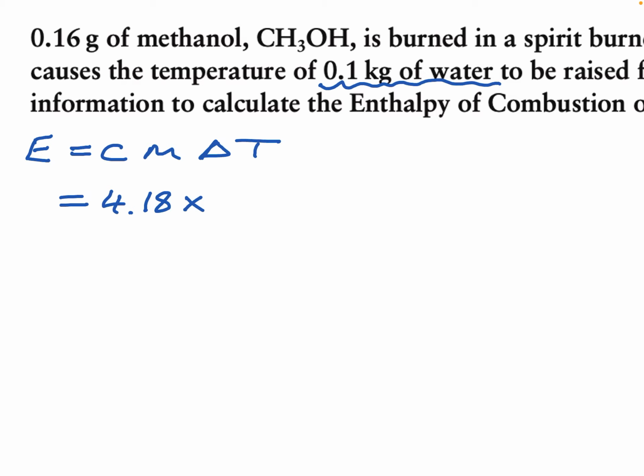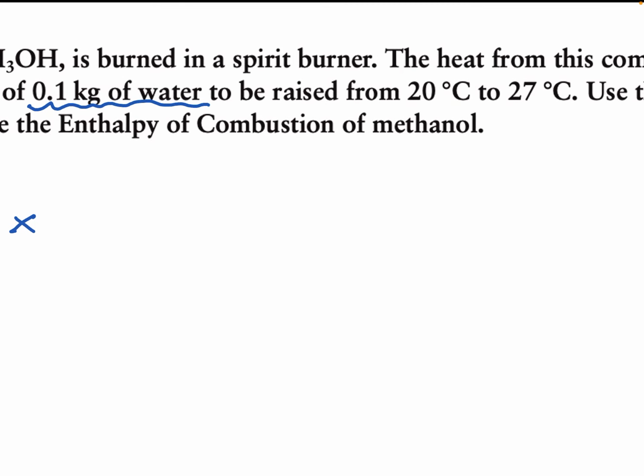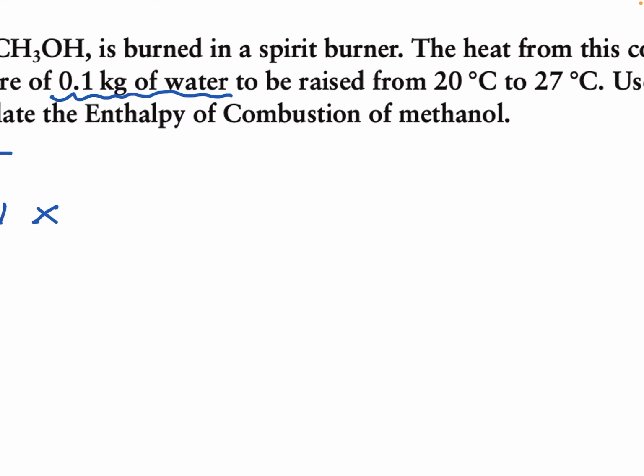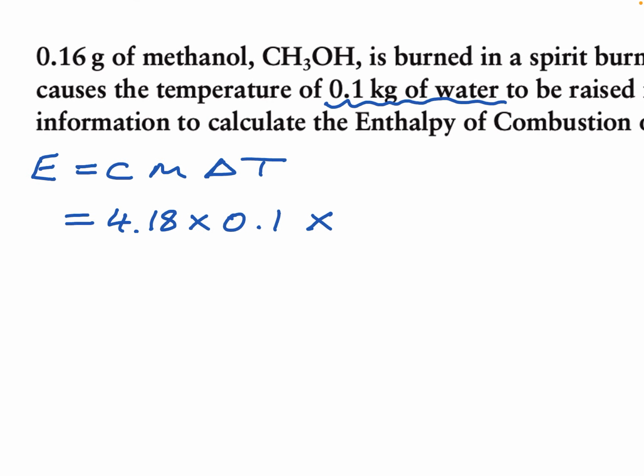Don't use the 0.16 grams of methanol, you use that in the next part. So 0.1, and the temperature change, it says it goes from 20 degrees Celsius to 27 degrees Celsius. That is going to be a temperature increase of 7 degrees. So the answer for this in the calculator is going to be 2.926 kilojoules.